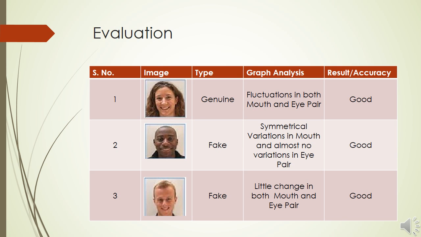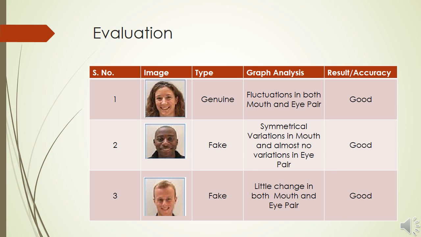As you can see, this is the evaluation. The first smile is genuine, then the graph. When I analyzed the graph, it shows fluctuations in both mouth and eye pair. Accuracy is good. The second smile shows symmetrical variations in the mouth and almost no variation in the eye pair.